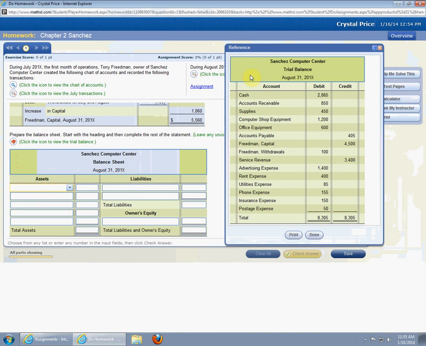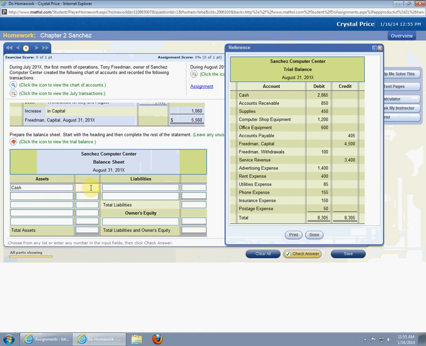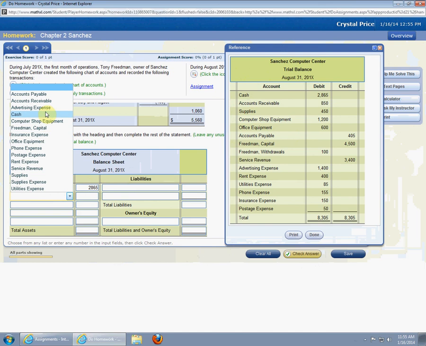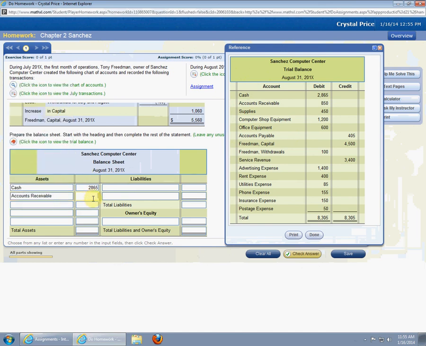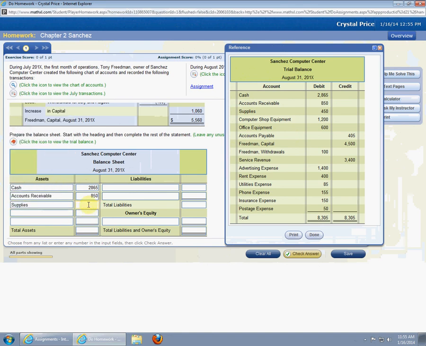So we're going to start on the asset side. We have cash, accounts receivable, supplies. Here's all of our assets right here through office equipment. So I'm going to start with cash. And it's $28.65. Accounts receivable, $8.50. Supplies, $4.50.